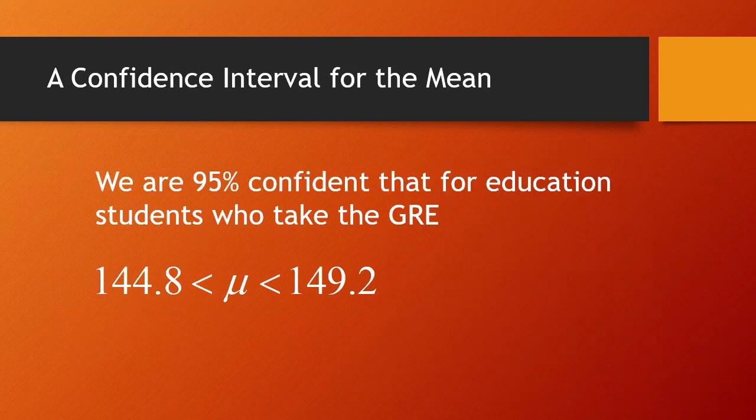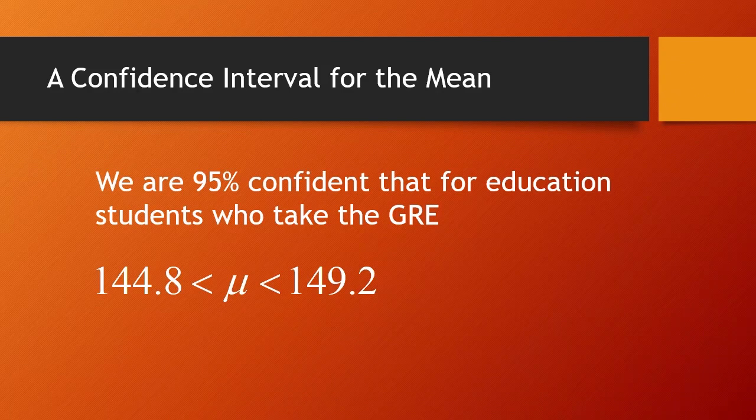We are 95% confident that for education students who take the GRE, the population mean, not the sample mean, we know that's 147, but we can infer from that sample mean of 147 that the population mean is between 144.8 and 149.2.